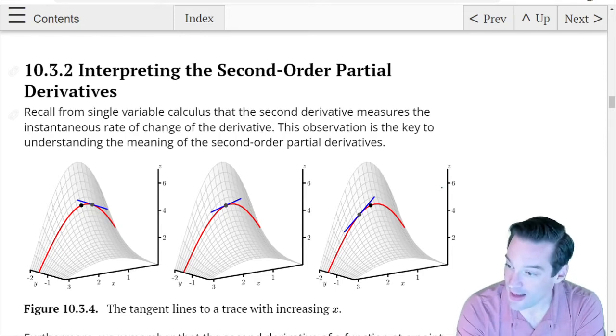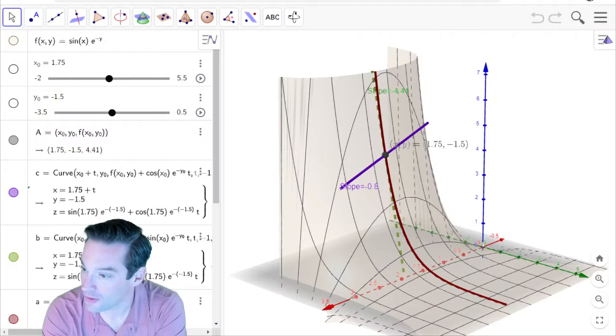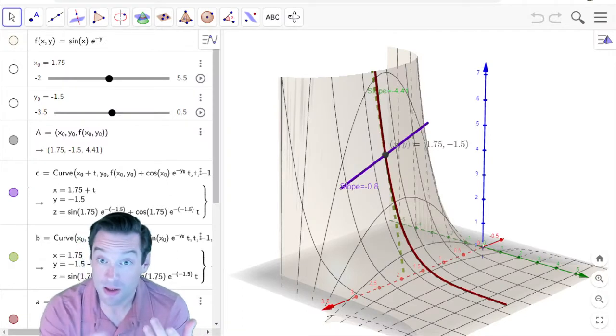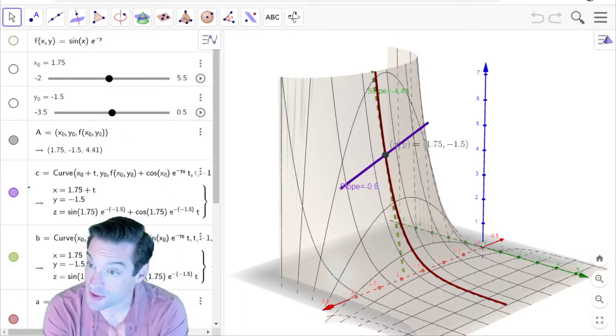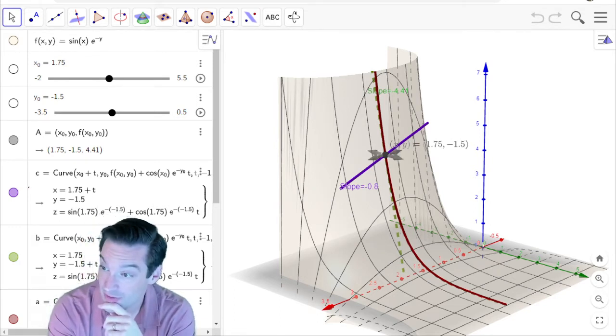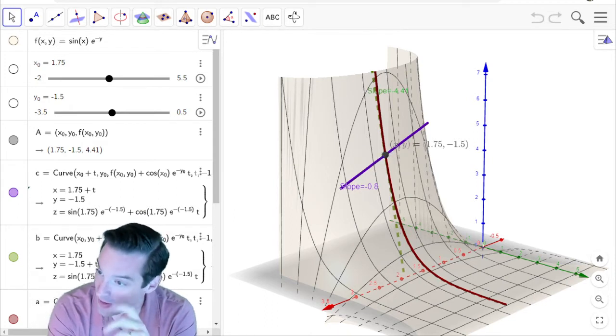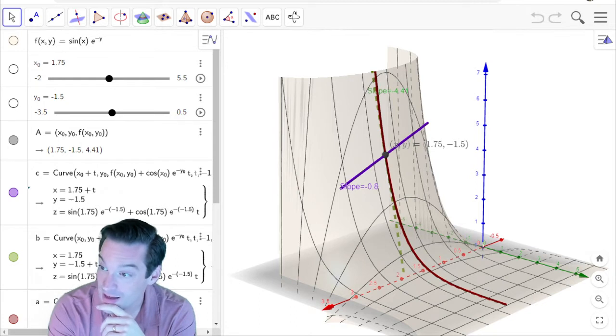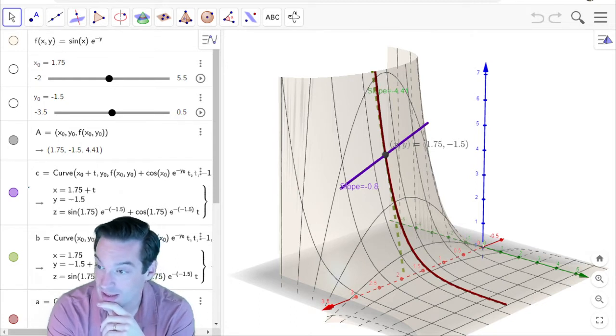So just to go to a dynamic version of this, this picture from the text. What we're seeing here is a graph of this function of two variables. I've labeled a point where x is 1.75, y is negative 1.5. That's this point labeled right there. And I've also put on there a tangent line in the x direction. So the slope of this tangent line is the x partial derivative.